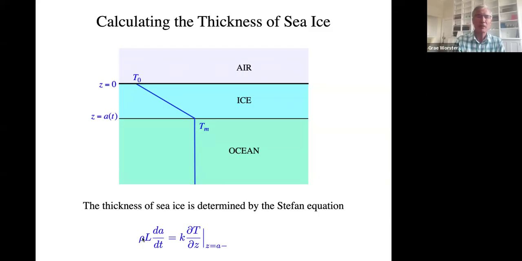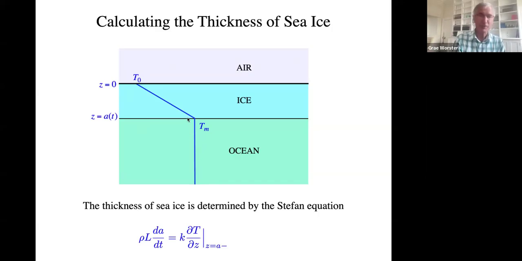So we multiply by the density rho, which is the mass per unit volume. So now we've got the heat per unit volume, and then A is the thickness of the ice, which is also the volume per unit area, and the rate of change of that thickness with time. So this is the Stefan equation.